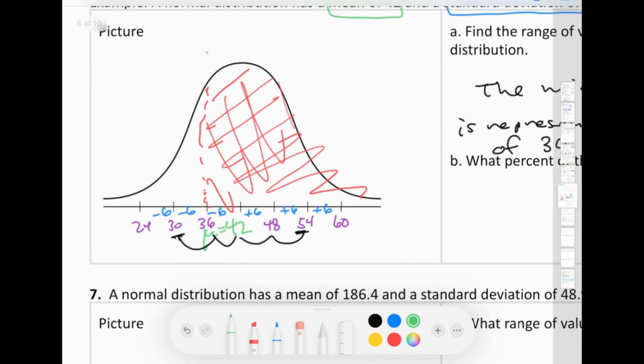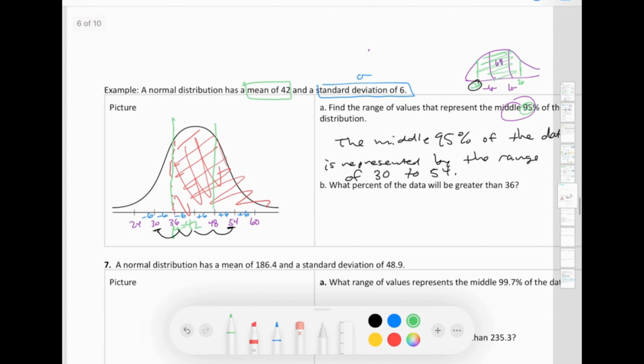If one standard deviation away, if this represents 68%, that means the other two regions are equal because it's symmetrical.